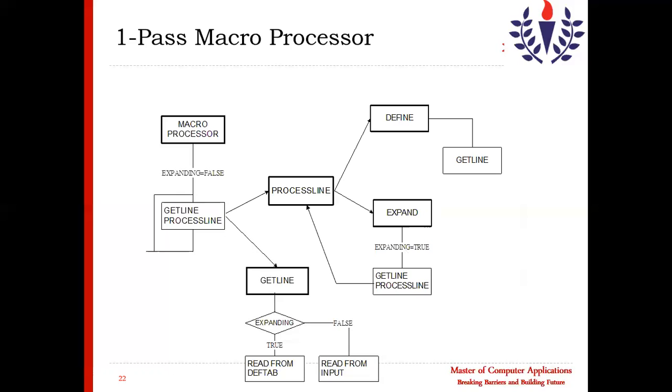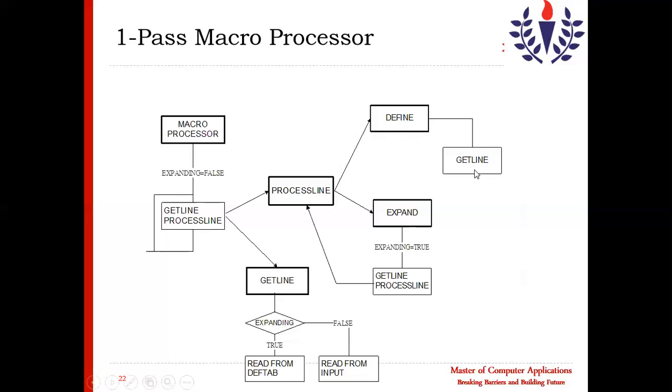Now it is a flow chart. First the macro processor will set expanding false, because first we do not want to go into expanding. First the get line and process line procedures will be called. Process line, because now we want to expand, so it will go to define definition.